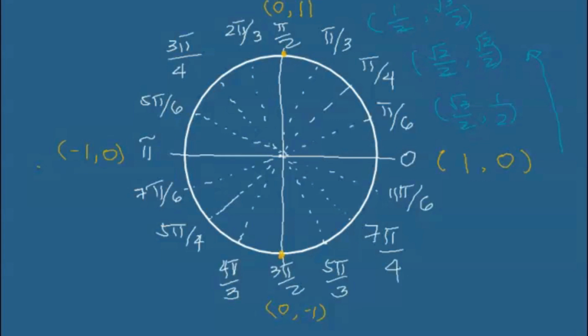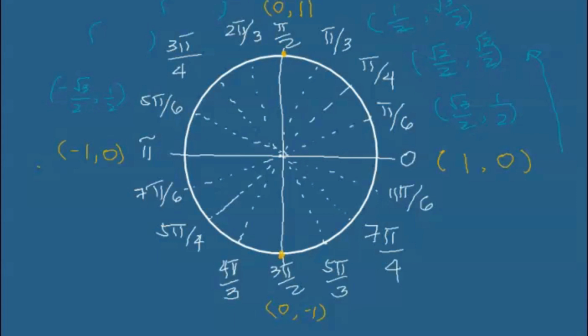If we go to quadrant 2, we know that our x is negative and the y is positive. So we just copy this, let's say the pi over 6 for 5 pi over 6. The x is negative square root of 3 over 2, and y is 1/2.